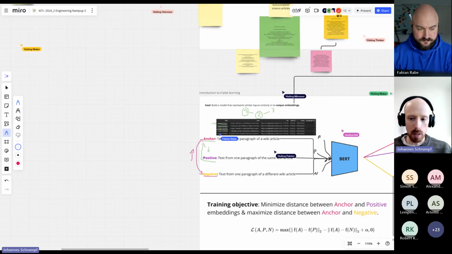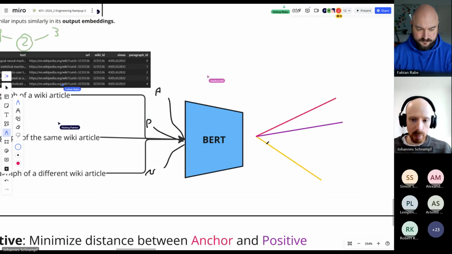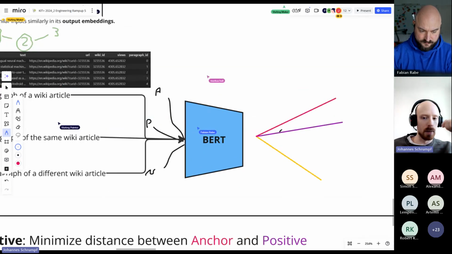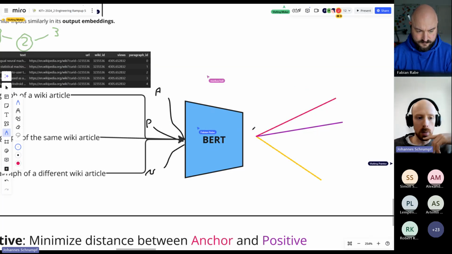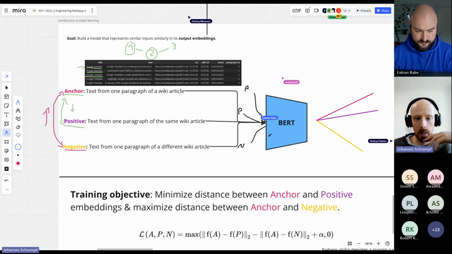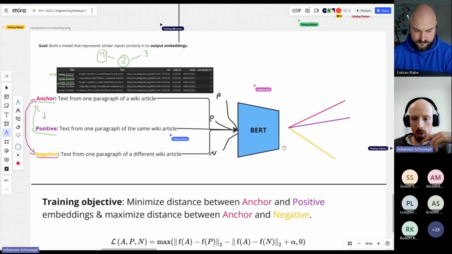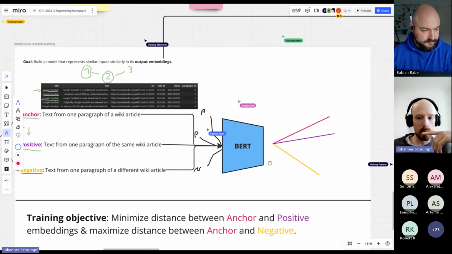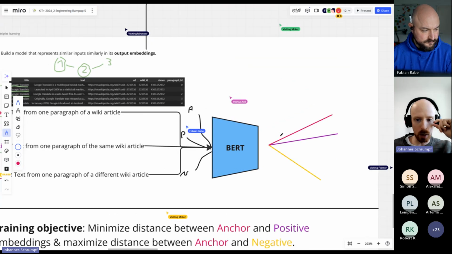Then we pass all of them through the network, and we generate these embeddings here. And I've just represented this as vectors again, right? Here, the red line represents the anchor vector. The positive is represented by the purple line here, and the negative is the yellow one.